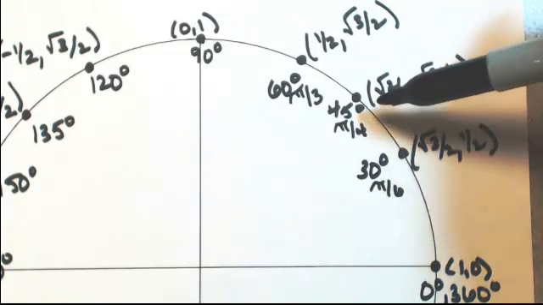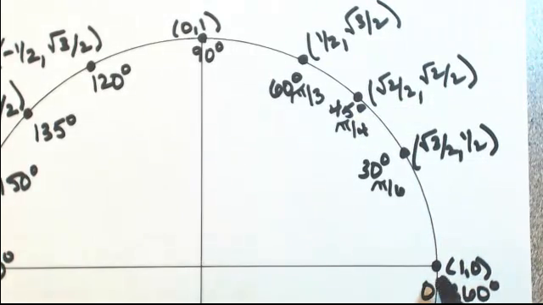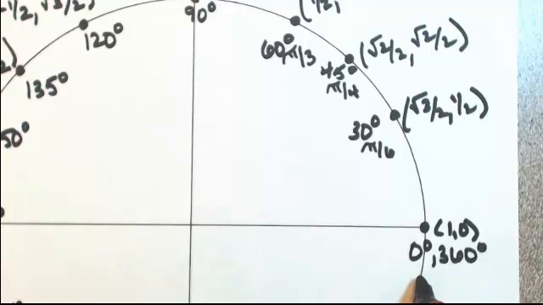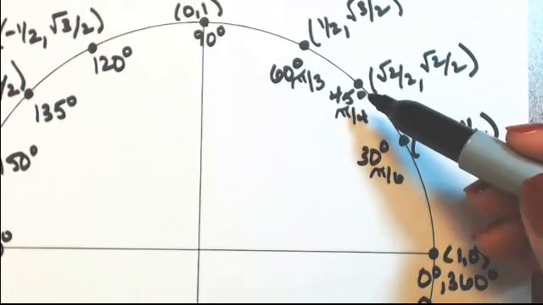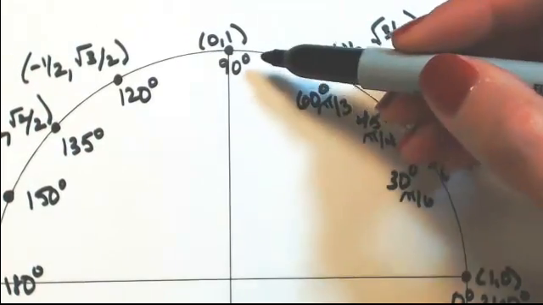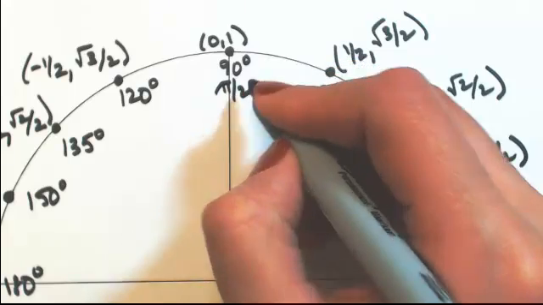So let me start with the 45 degrees and just add pi over 4 each time. So starting from 1, 0, this could be considered as 0 radians. So adding pi over 4, adding pi over 4. So at 90 degrees we have 2 pi over 4, in other words pi over 2.